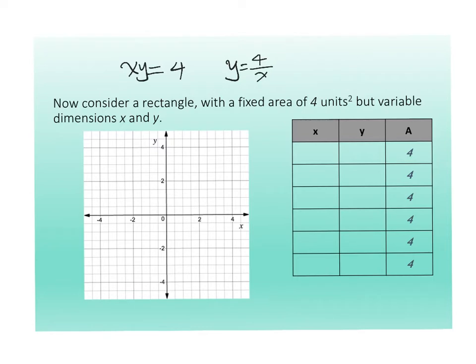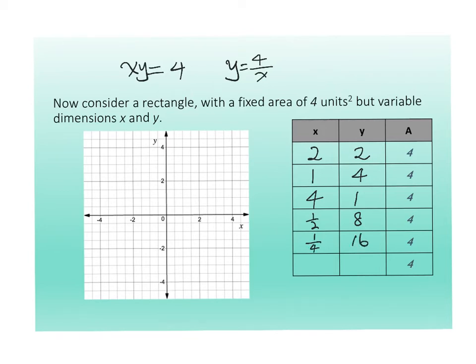If x is 2, y equals 2. If x is 1, y equals 4. If x is 4, y equals 1. And so on. What about if x is half? Y is 8. And when x is 1/4, y is 16.